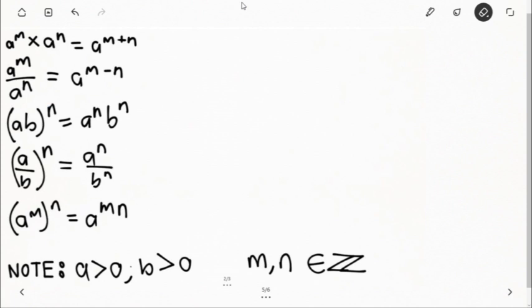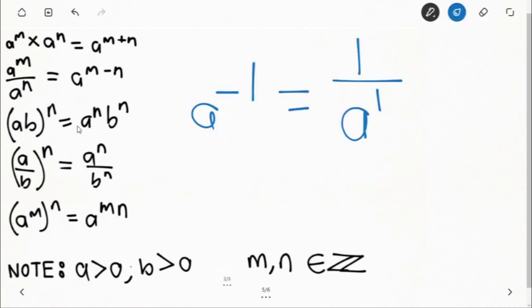Okay, and then another thing that I want to emphasize just before I conclude this lesson is that if you have a to the power of -1, this can be written as 1 over a to the power of 1, so that can be 1 over a. So when you work with exponents, you are not allowed to leave them as negative exponents.